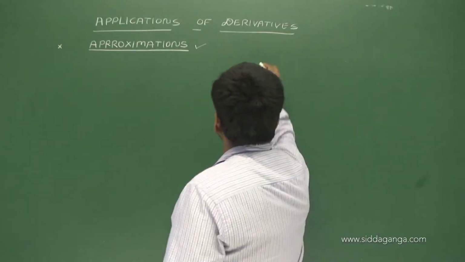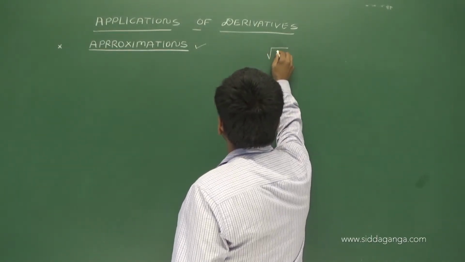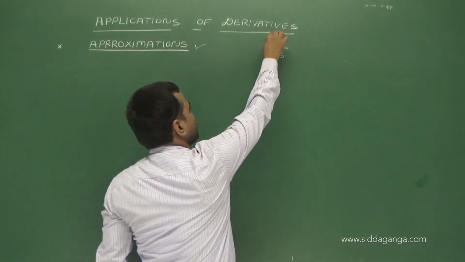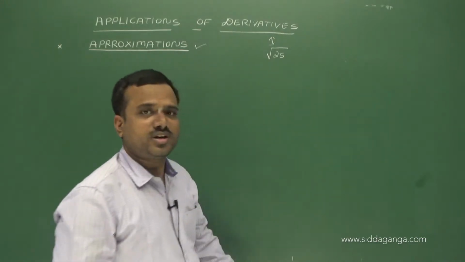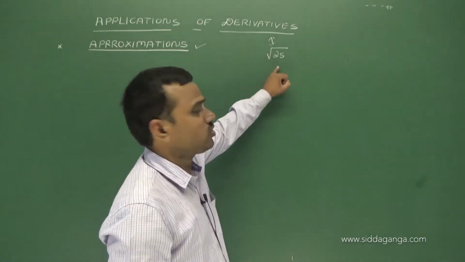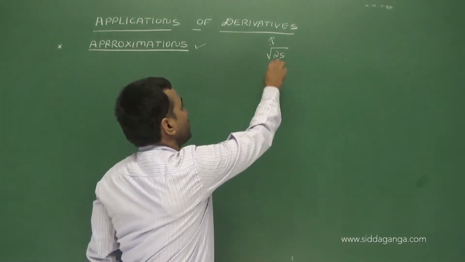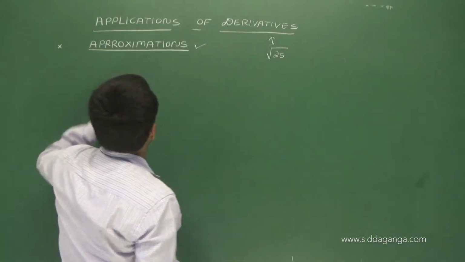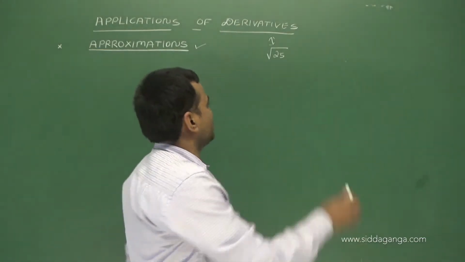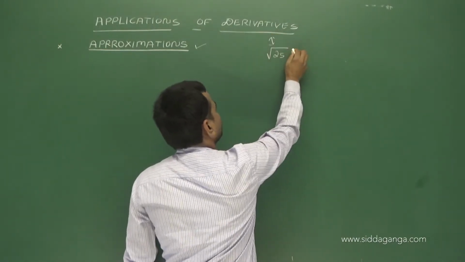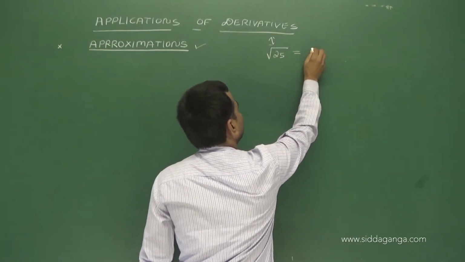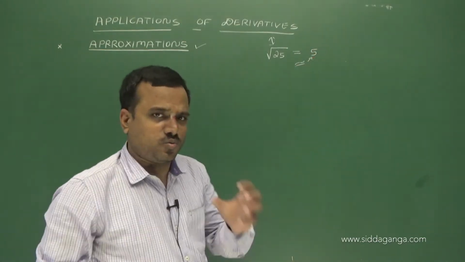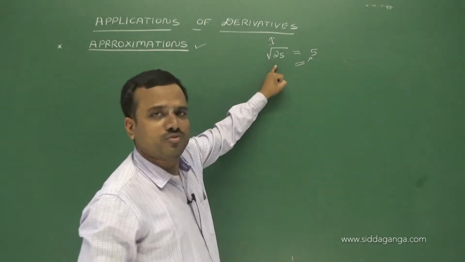So that means what, sir? We are finding the square root of 25 by using the concept of derivative. Why does he say approximate? Because the square root of 25 by using derivative is not exactly 5, it is near to 5.